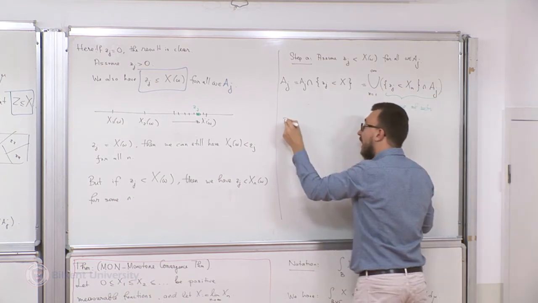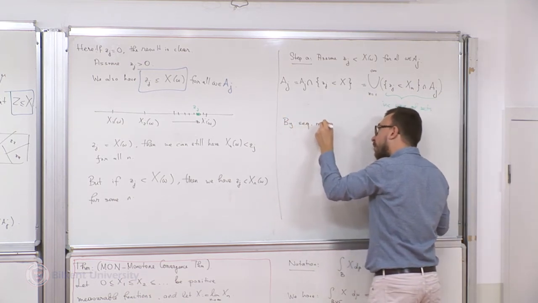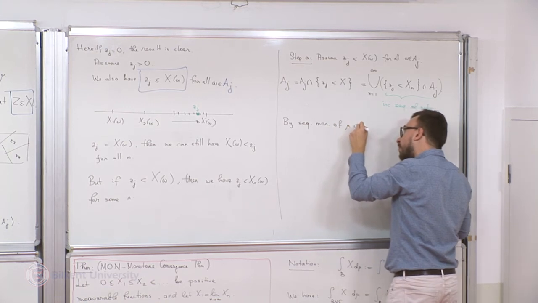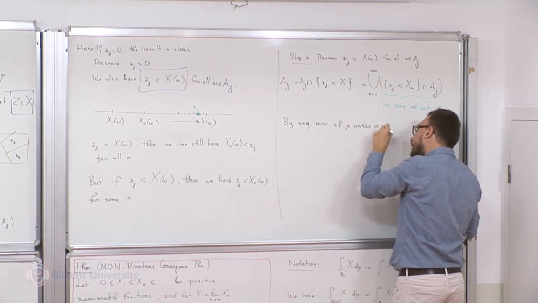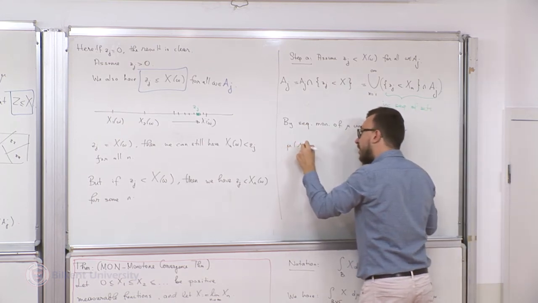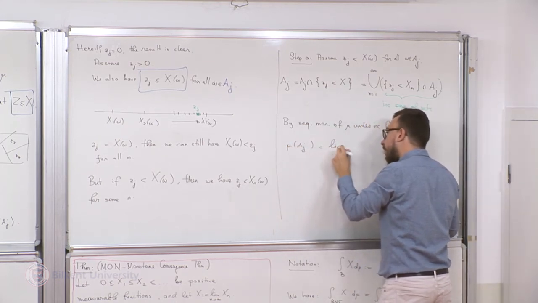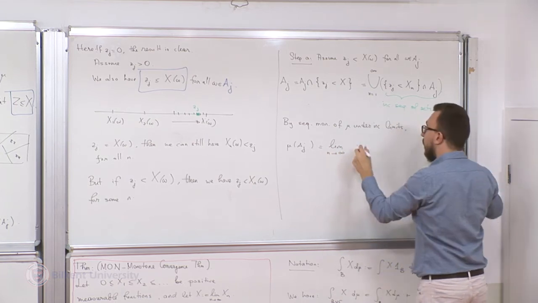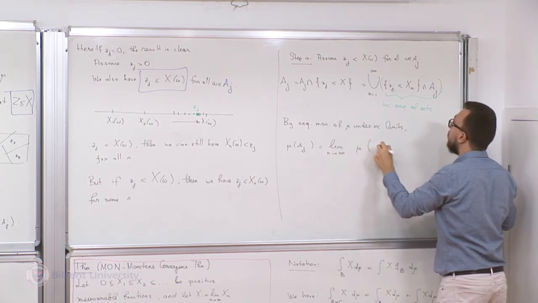So by sequential monotonicity of μ under increasing limits, we have μ of Aj is equal to the limit of the measures of those sets.